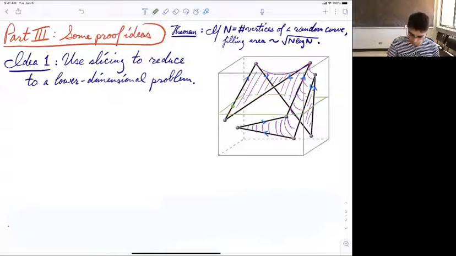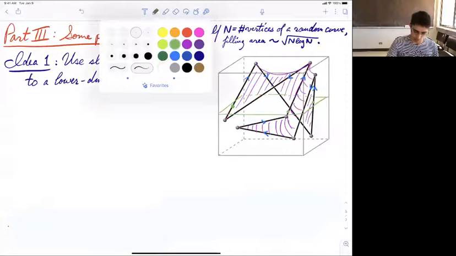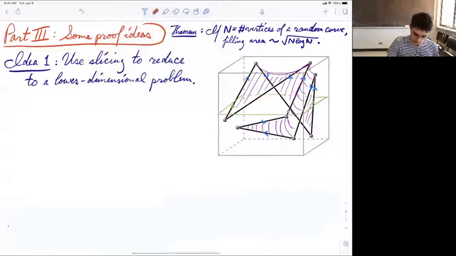So I'm going to draw those intersections in different colors. The ups are going to be in green and the downs are going to be in red.